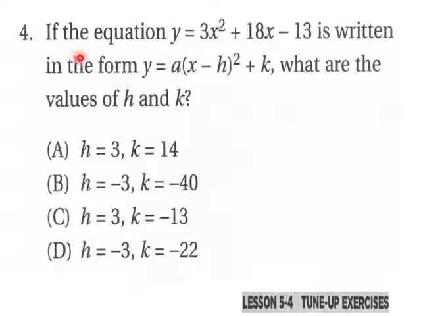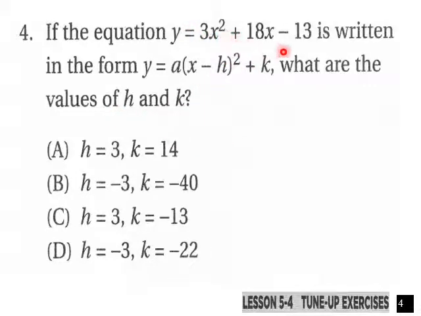Number four, if the equation y equals 3x squared plus 18x minus 13 is written in the form like this, where you're factoring out a number from the rest of this expression plus a k, what are the values of h and k, which is actually the vertex form of a quadratic?